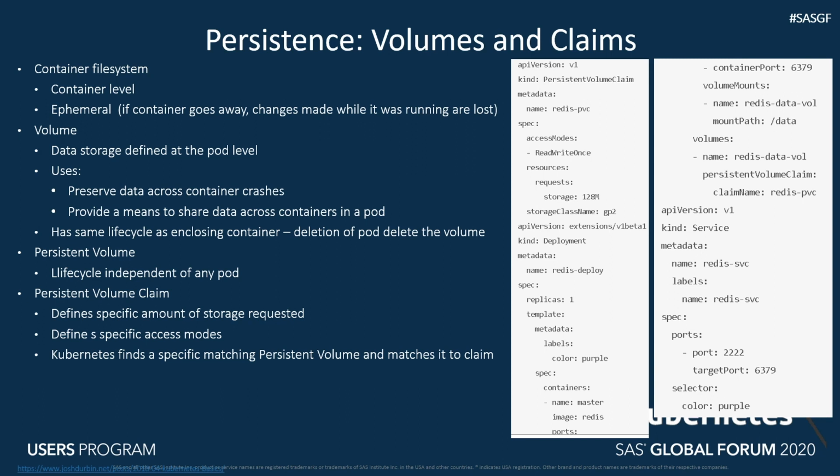Over on the right-hand side, if you look at the listings there, you can see that we have a persistent volume claim, which says that I want read-write access, read-write once access. I need a storage of 128 meg and a certain storage class, and the name needs to match up with this Redis stuff.